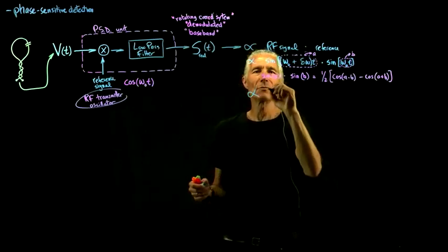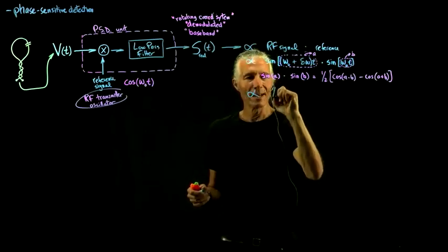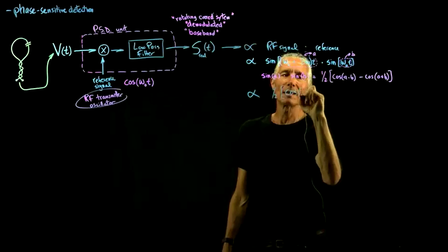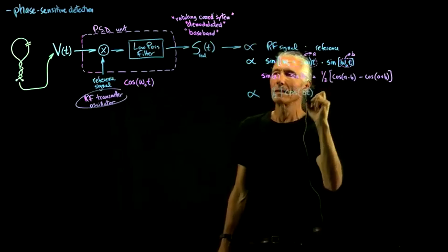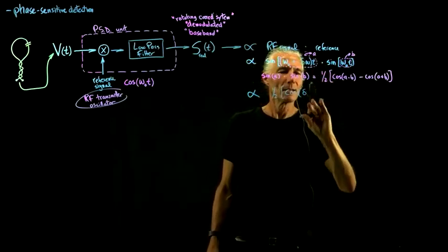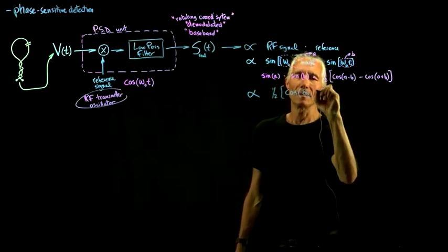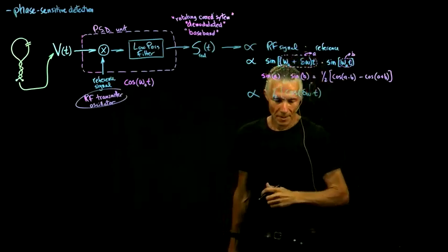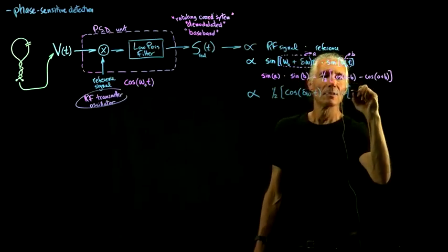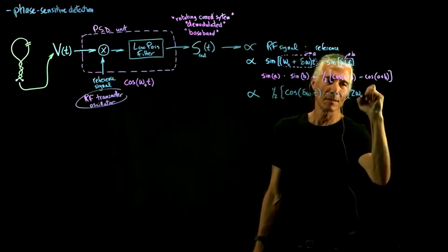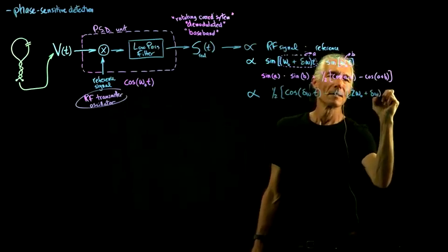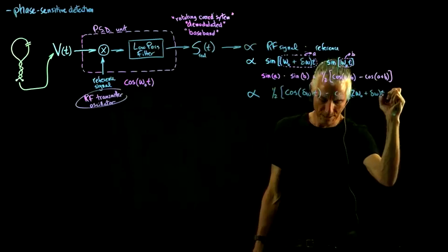It boils down to 1/2, which we can ignore because it's just a constant factor, of the cosine of the offset frequency times time, minus the cosine of 2 times the center frequency plus the offset. That whole thing times time to turn it into an angle.